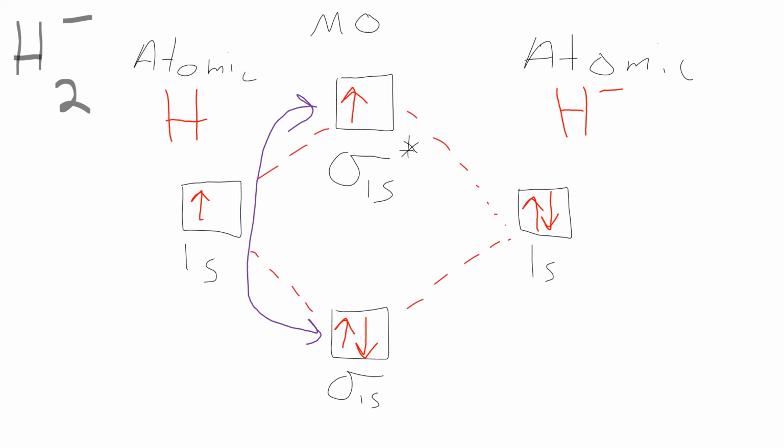So now we essentially only have 1 net bonding electron. So it's like it's half a bond. It's not a very stable molecule. And we have something called bond order that we'll talk about in a little bit that will illustrate how much bonding you have in the molecule based upon how many bonding electrons you have versus anti-bonding electrons.